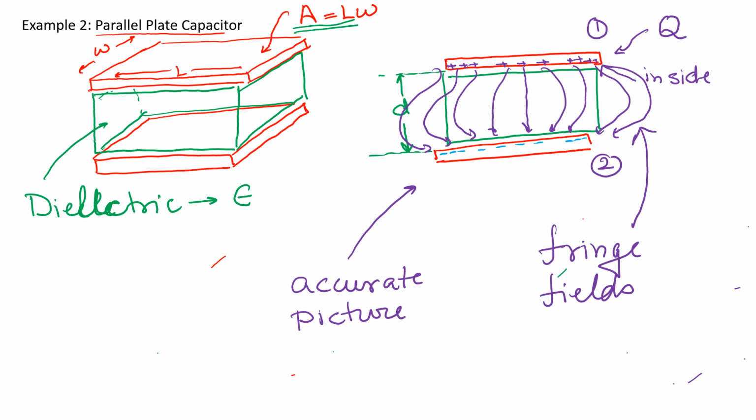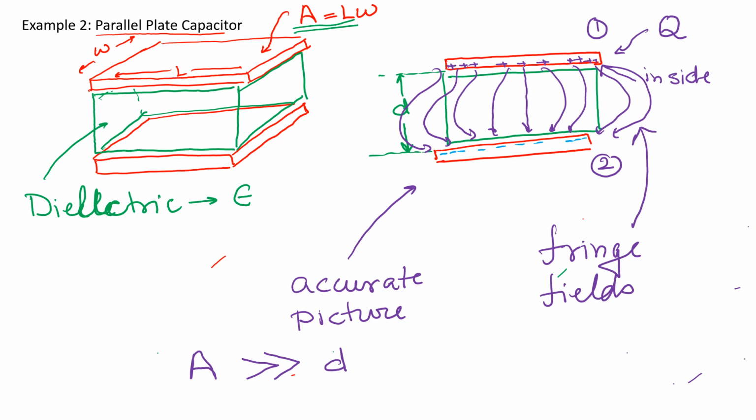However, for this course, we are going to make an approximation, and the approximation we are making is that area A is much larger than the separation between those two plates. And this is a decent enough approximation even when we go to integrated circuits.